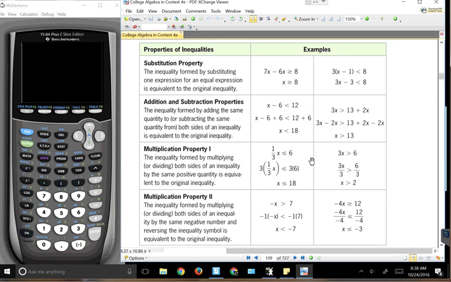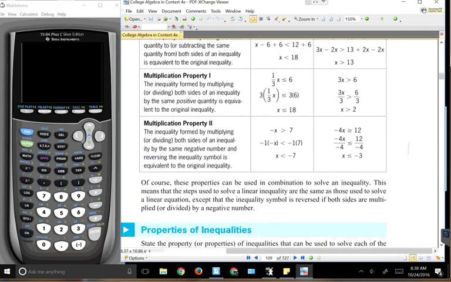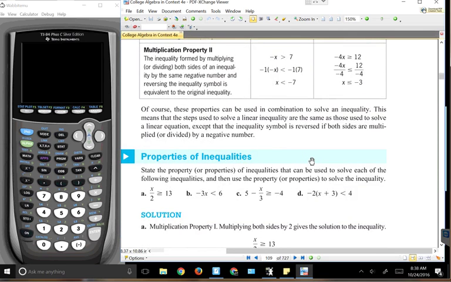Again, these are all pretty much the same things that you have seen in the past. The only real catch that I will ever tell you about on this is down here on the last one. Whenever you multiply or divide an inequality by a negative, sorry about that, what must you do to the inequality?